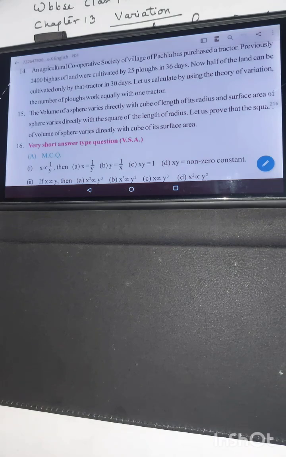Question number 15 says the volume of a sphere varies directly with cube of length of its radius, and surface area of sphere varies directly with square of length of radius.